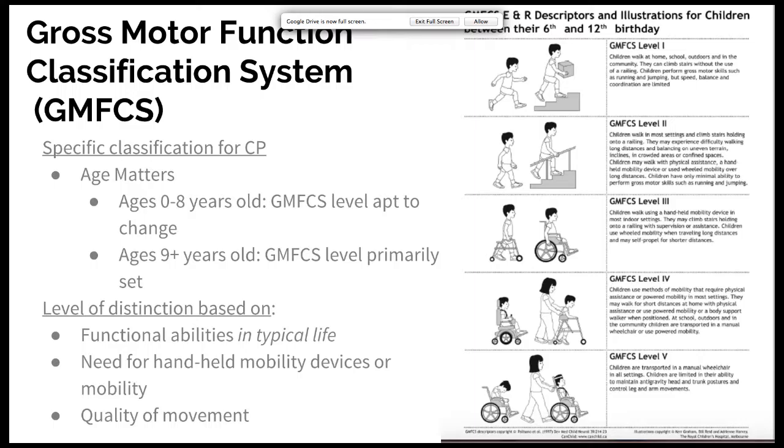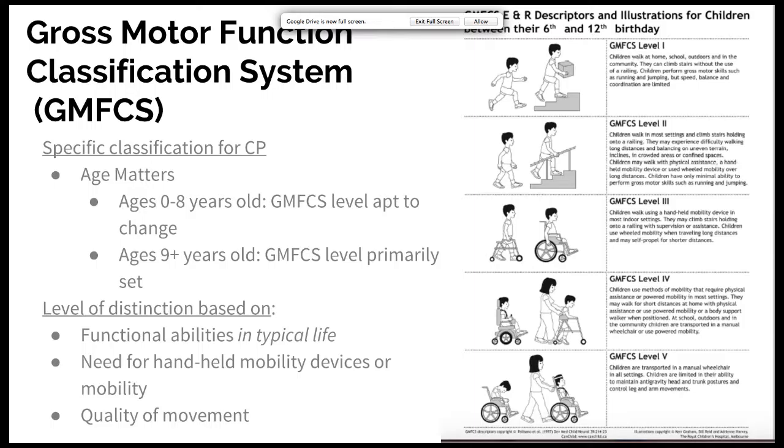It also takes into consideration the child's need for handheld mobility devices, wheelchairs, while also considering their quality of movement. We can use this to help us set goals for the patient and determine what functional tasks need the most attention. The important thing to consider when using this scale is that these descriptors are specific for children between the ages 6 and 12.